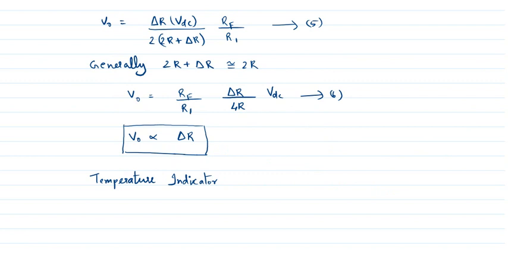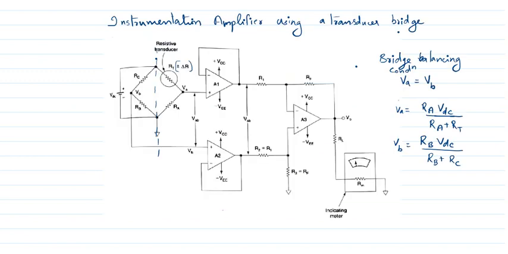So usually we use the instrumentation amplifier as a temperature indicator. The only change here is the resistive transducer. We can use a thermistor or photocells or anything. In temperature cases we mainly use a thermistor as the transducer, and for the output we give some voltmeter for realizing that change. Okay.